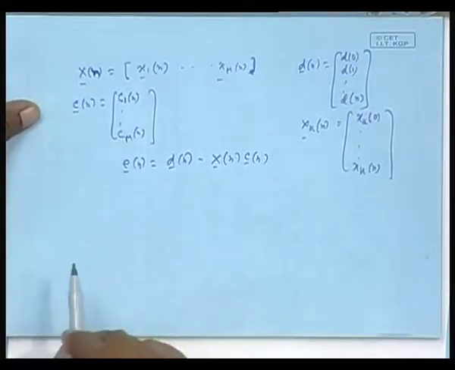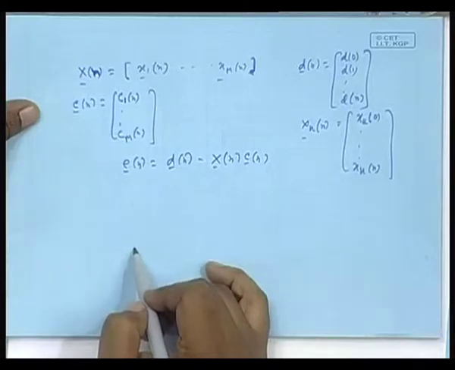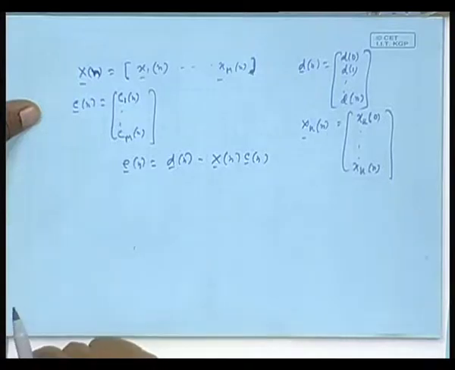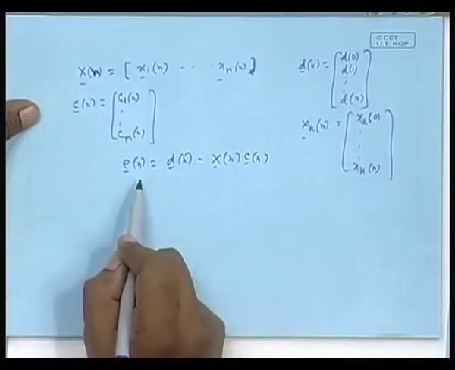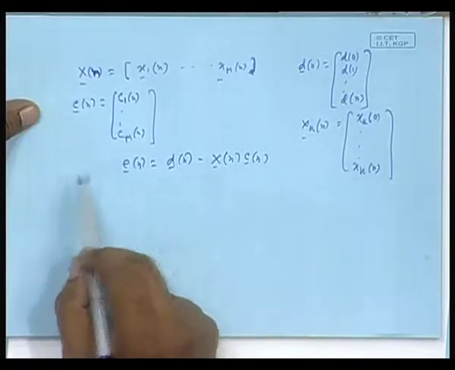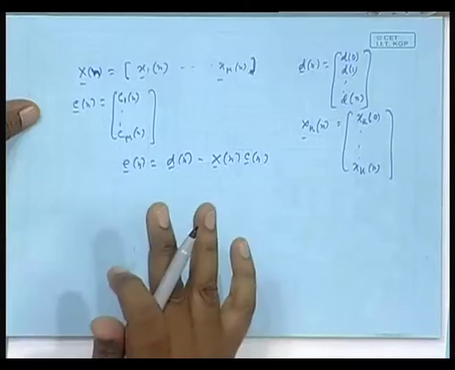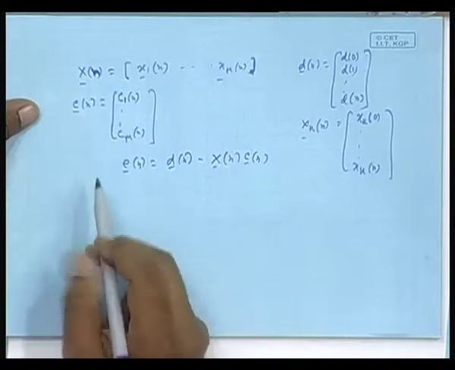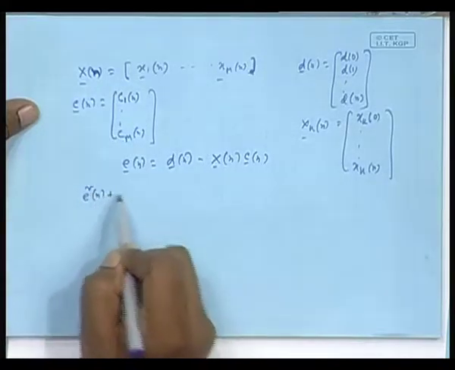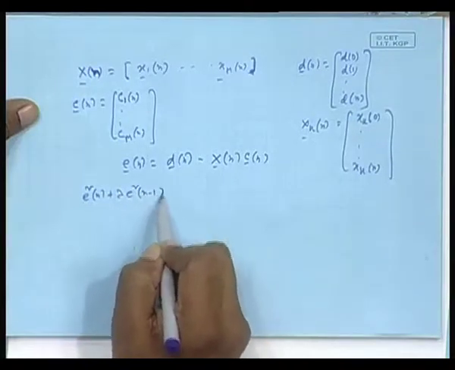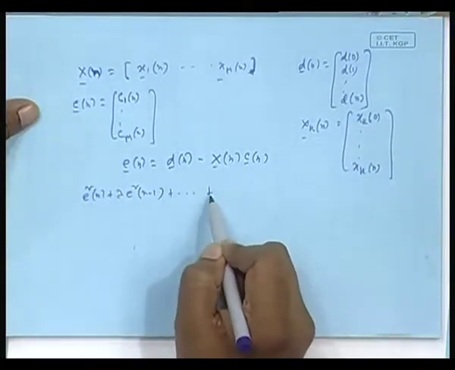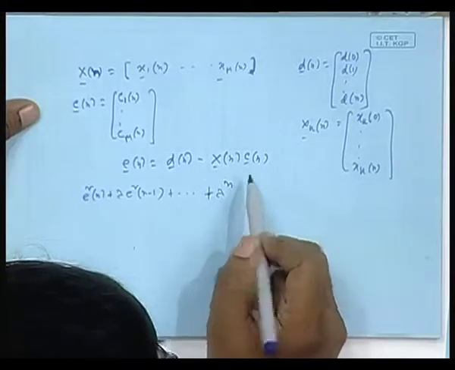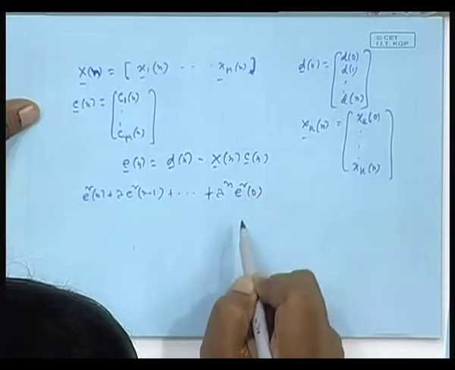What is the norm square? Norm square will be E transpose n E n, but we are using the generalized norm square here with that forgetting factor lambda. We are not simply taking E transpose n E n, we have that lambda thing. If you have forgotten, it is E square n plus, this is a repetition actually, plus lambda to the power n E square 0, isn't it?